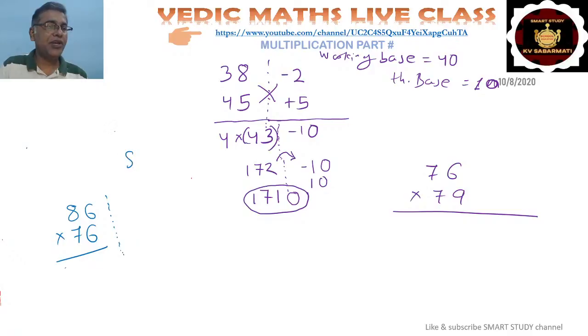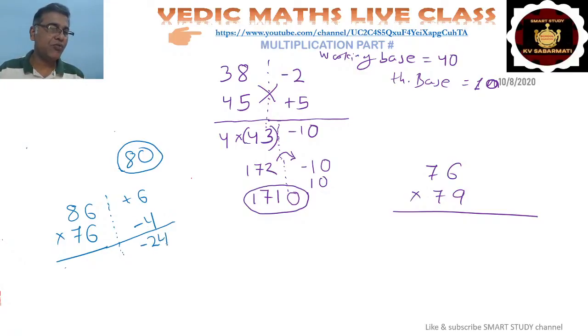Here I am taking the working base to be 80. So 86 is 6 more, and 76 is 4 less. So here what I'll write, 6 into minus 4, that will be minus 24. And on either side you can check, for me this side is easier, 86 minus 4, that will be 82.